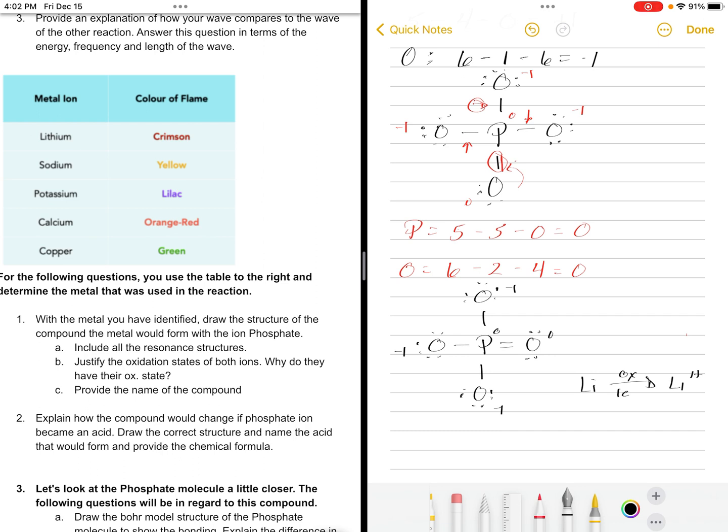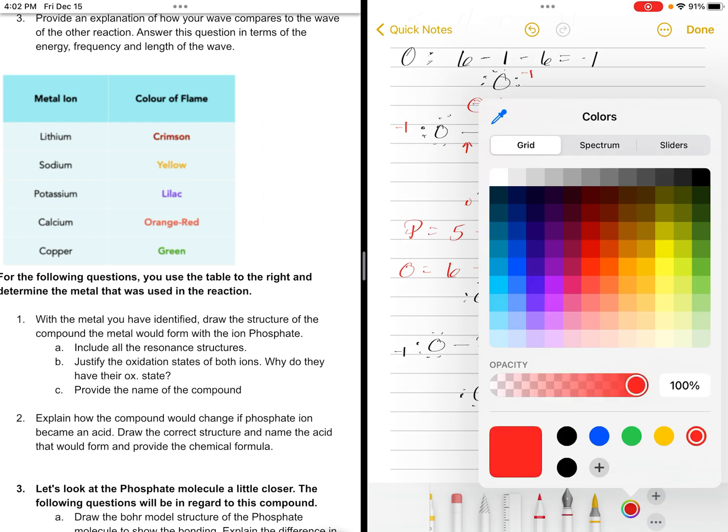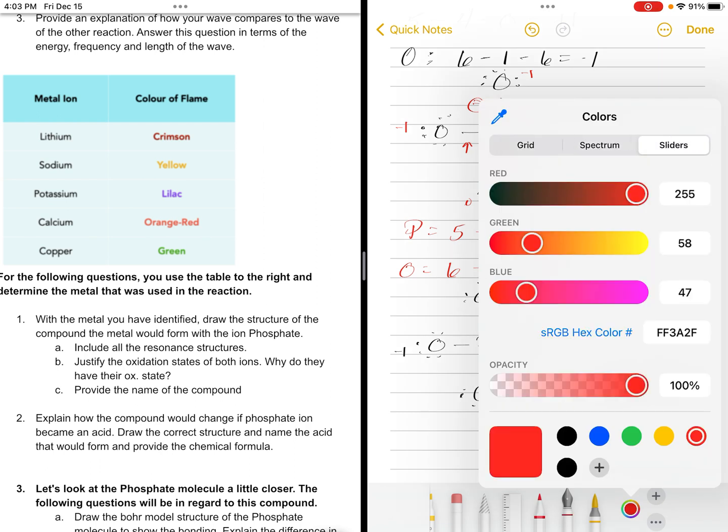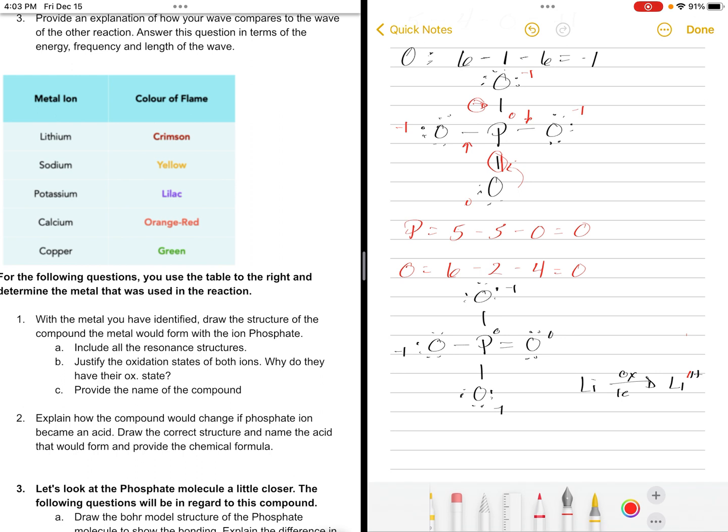Would I bond to one of the oxygens, right? Would I just create a whole new compound? So you got to remember, guys, this plays a huge role. The 1+ right here. If I'm positively charged lithium, I'm going to be attracted to the negatively charged oxygens. And it's going to form an ionic compound.